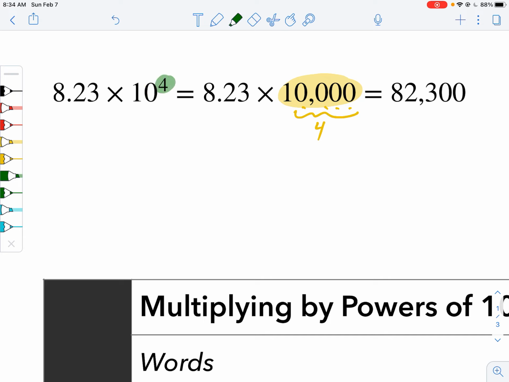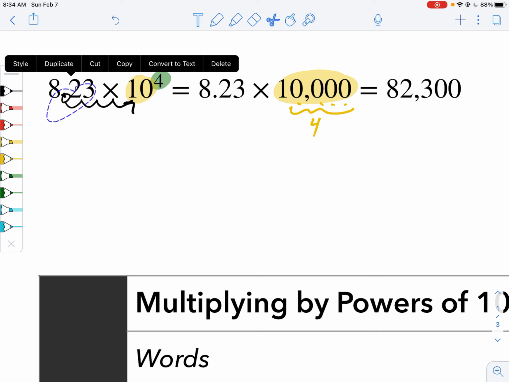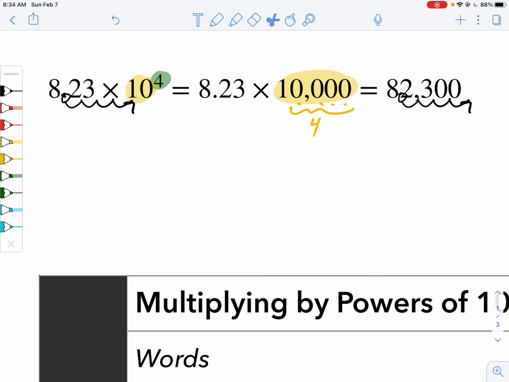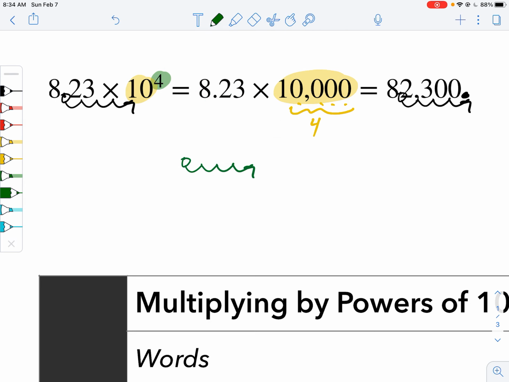So we're going to take our decimal point right here, and we're going to move it 1, 2, 3, 4 places, and that's where our decimal point ends up over here. It started here, and 1, 2, 3, 4, to the right. So this movement takes our decimal point and moves 4 to the right.